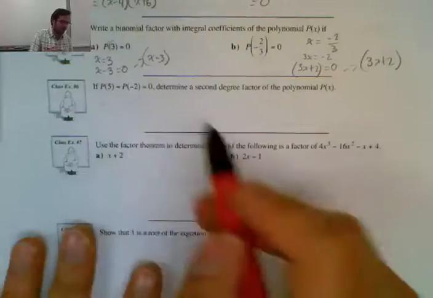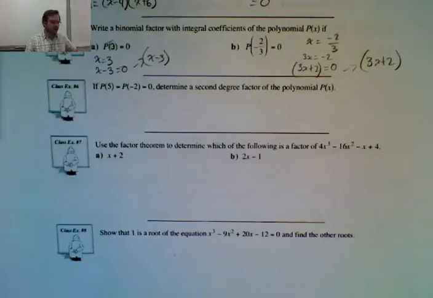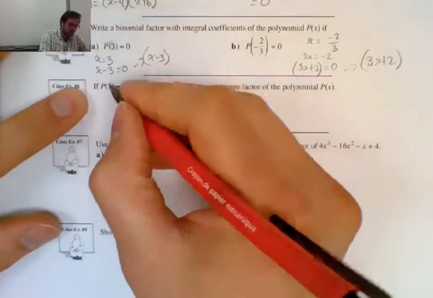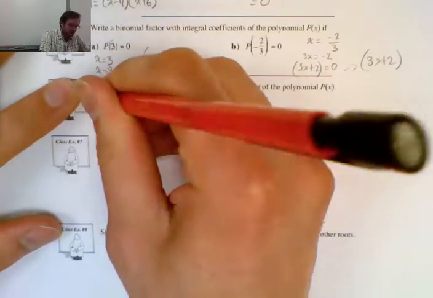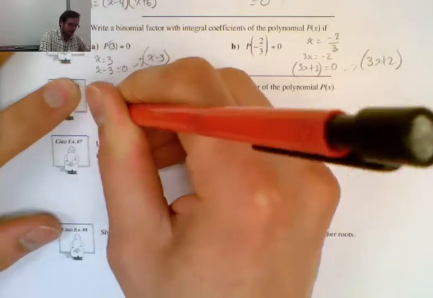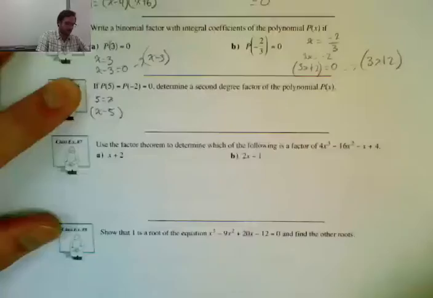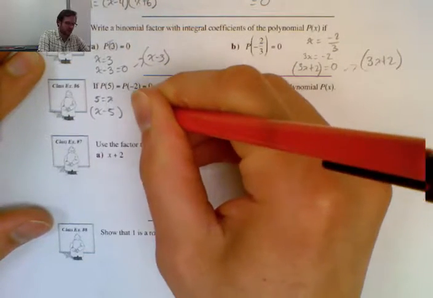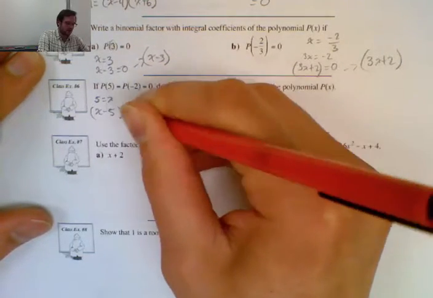So these two here obviously are factors. So looking at this, I know that 5 is equal to x, so then x minus 5 is one factor. My other factor is negative 2 is equal to x, so then x plus 2 is another factor.